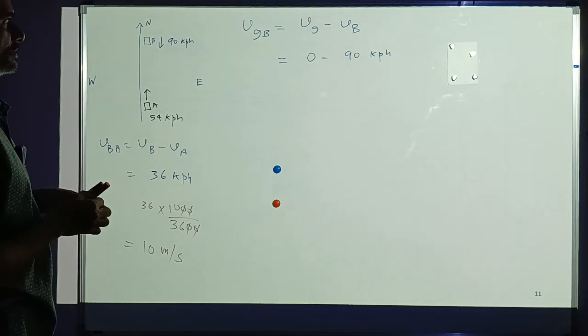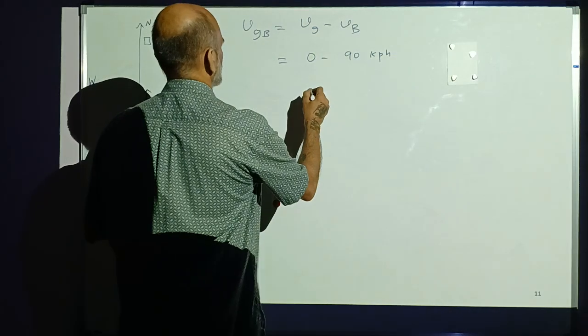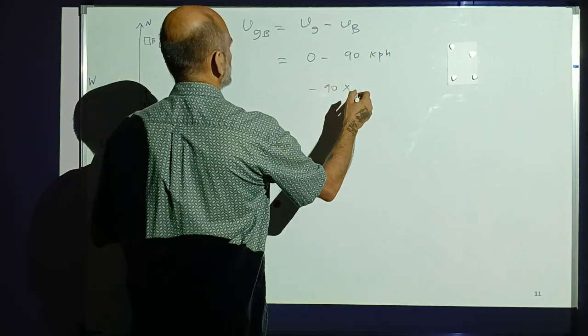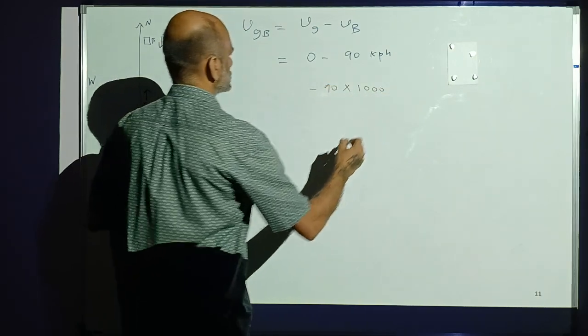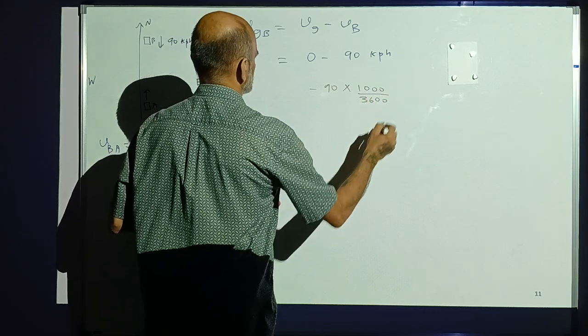So to convert in the SI units, minus 90, kilometer to meter is 1000, per hour to per second you get less by a factor 3600.